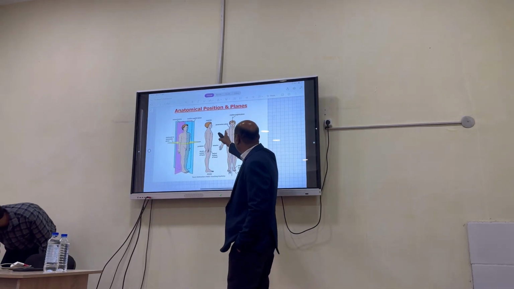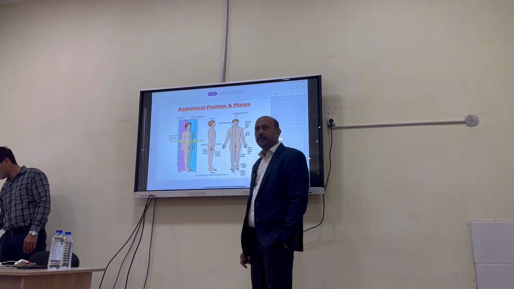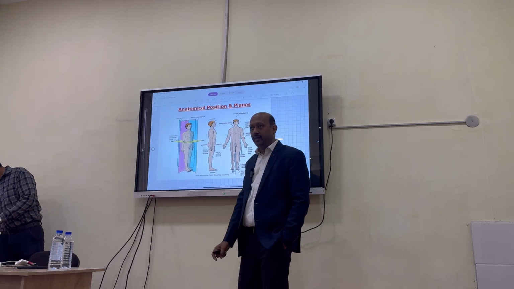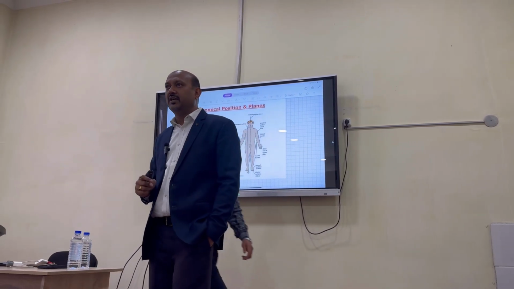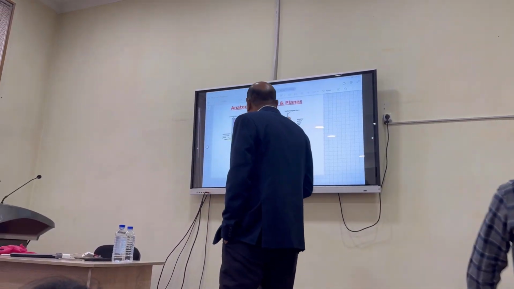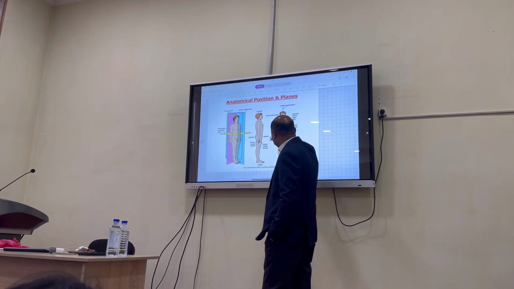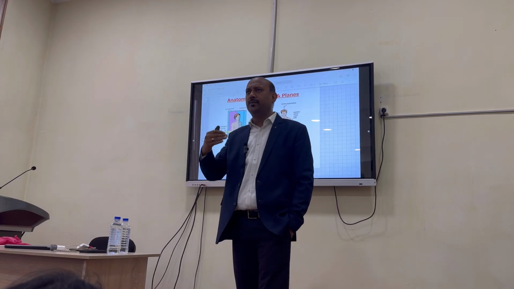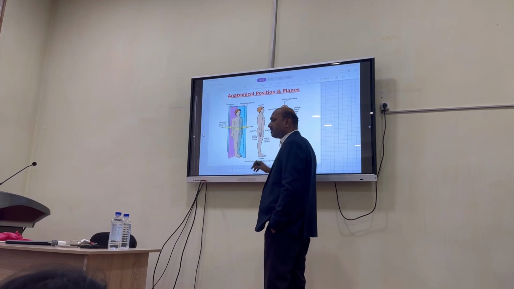Any other plane which is parallel to this mid plane will be known as the parasagittal plane or paramedian plane. And this was a question in the last FMG exam. They asked, parallel to this, there were four options, at this parasagittal plane, there was also the subpyloric plane.